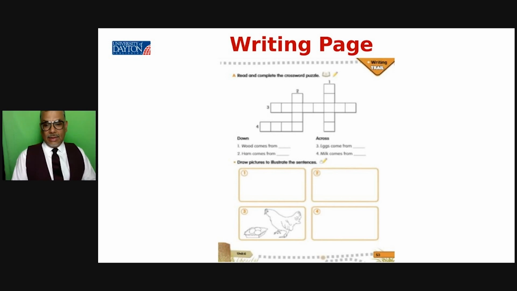This is an example also of the writing page. I must tell you that the level of difficulty increases as they go from one grade to another. For example, in the first grade, we still reinforce the tracing of letters or numbers.